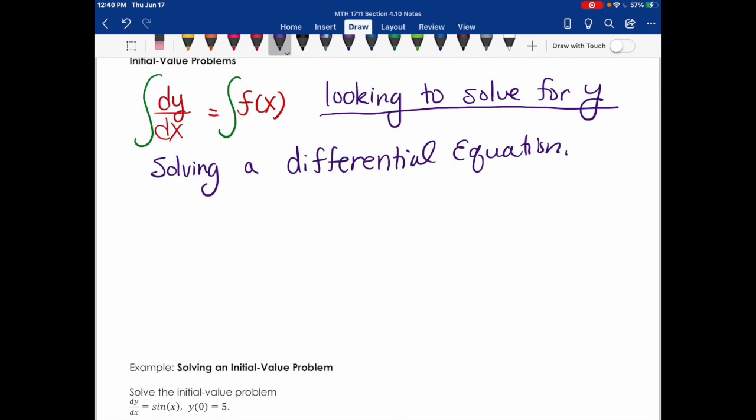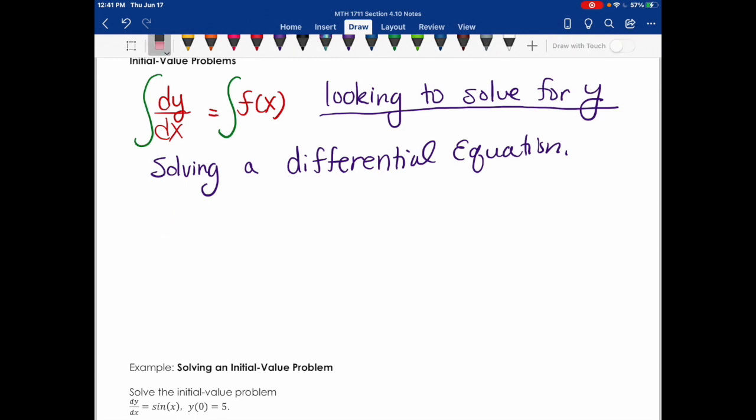So when we're interested in determining a particular solution, so not just the whole family of solutions with the plus c, where that c could be anything, we need to know what that value of c is. And so we're given what's called an initial condition so that we can find that value of c.